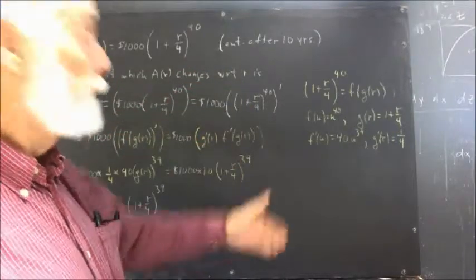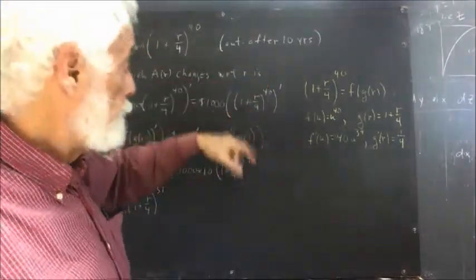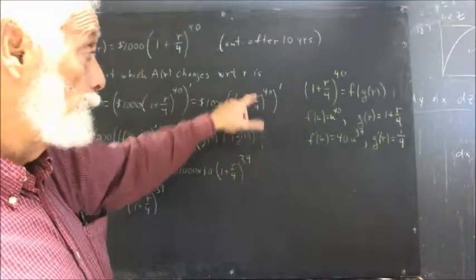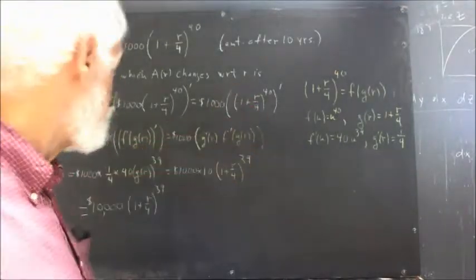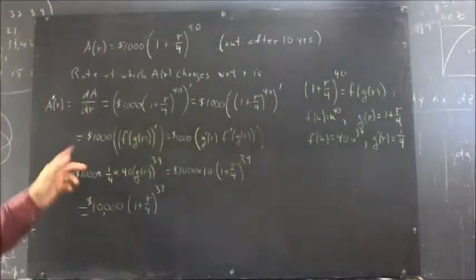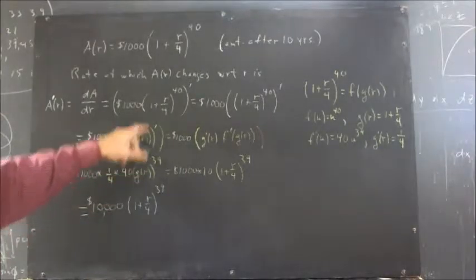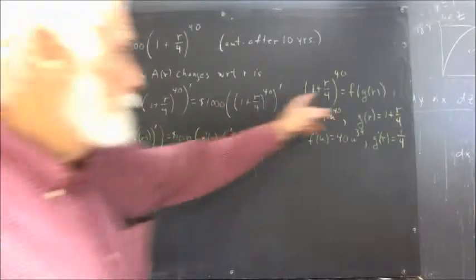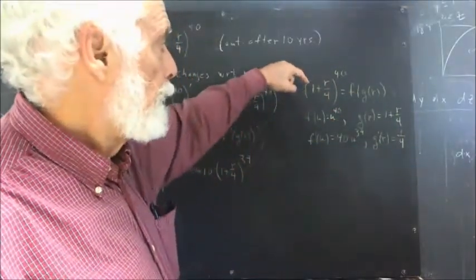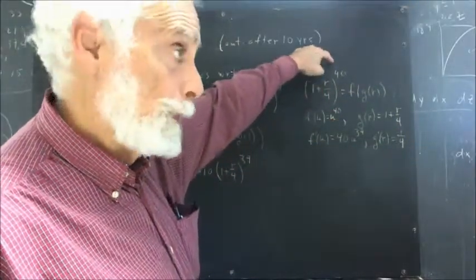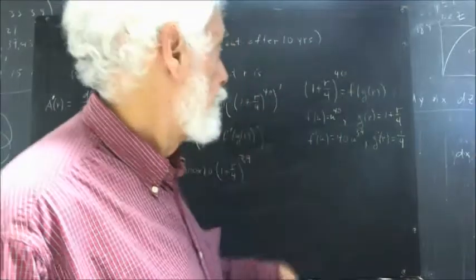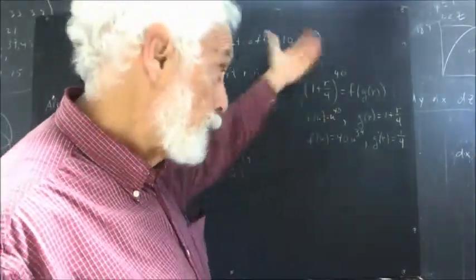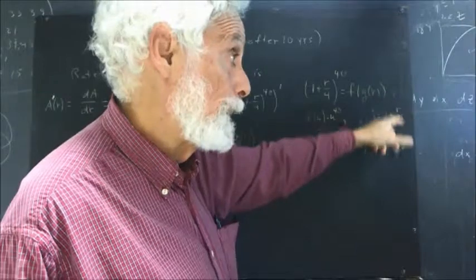We can take the derivative of a 40th power function, and we can take the derivative easily of 1 plus R over 4 with respect to R. So I'm going to write that as f of g of R prime, where the breakdown is given here. (1 plus R over 4) to the 40th is f of g of R, where f of u is u to the 40th and g of R is 1 plus R over 4.